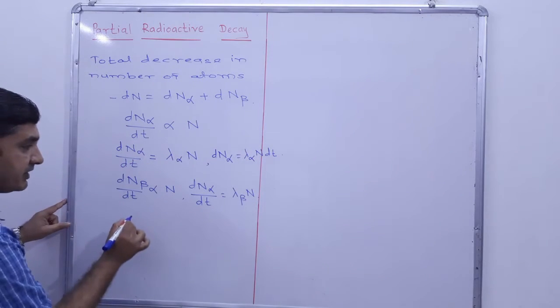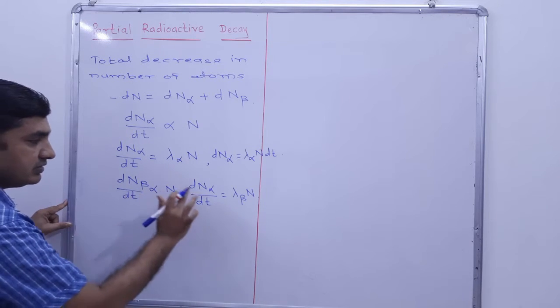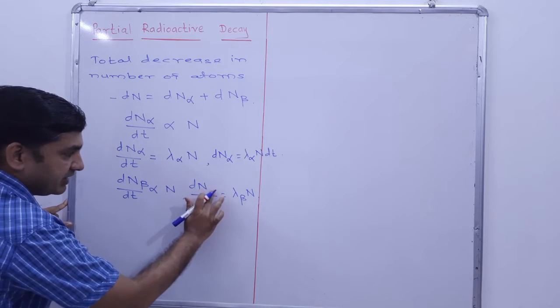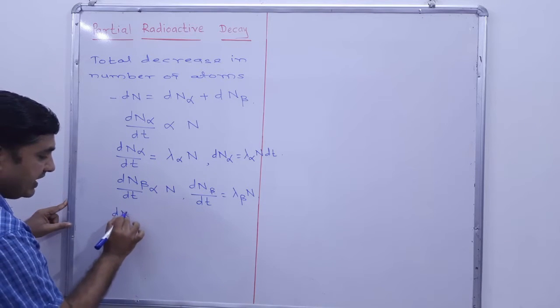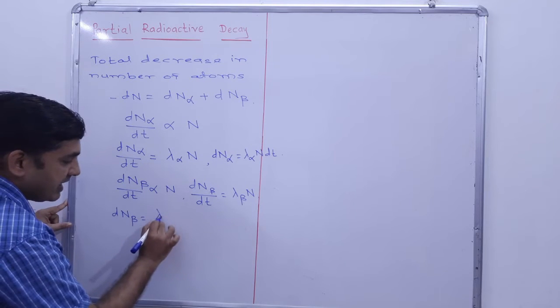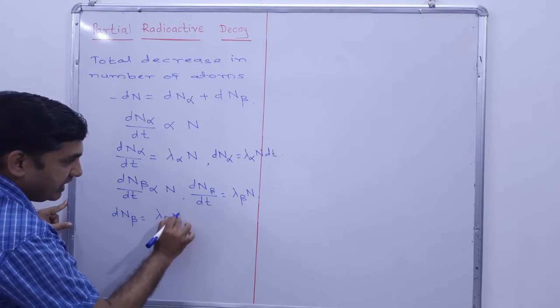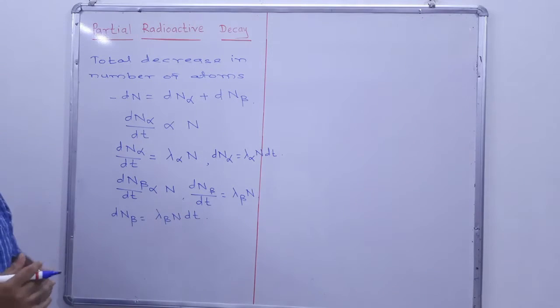Similarly, for beta, dN beta equals lambda beta into N into dt.